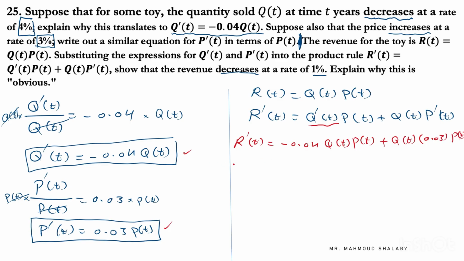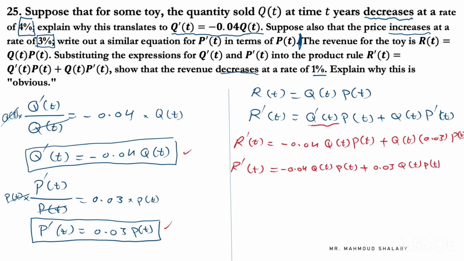I will just rearrange this, so I will write R prime of t equals negative 0.04 Q of t P of t, plus 0.03 again Q of t P of t.